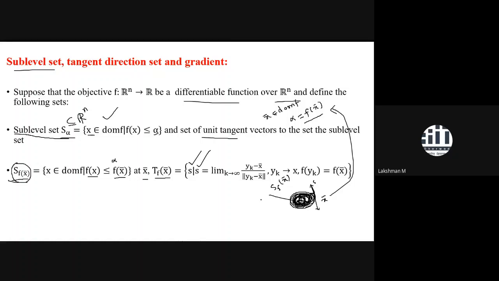Swamitip, are you present? Okay, then reply. How many directions do you observe in case of a function of two variables? No, three variables.